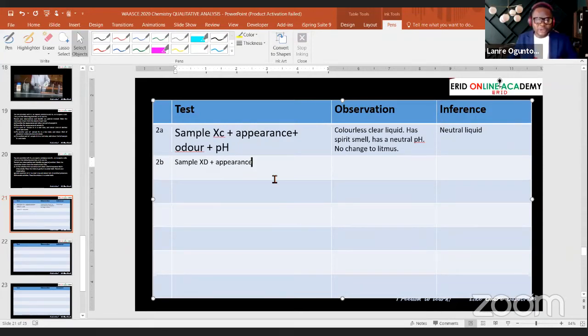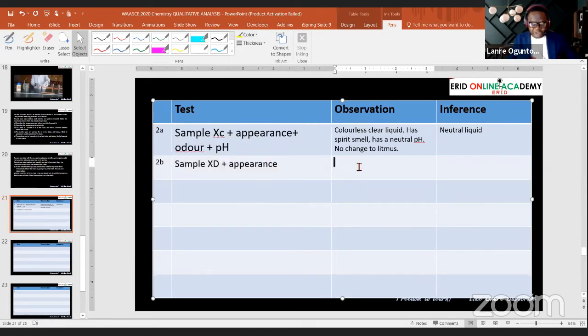So what am I going to write as my observation? From what Ida suggested, she said that it's a black crystal. So you may want to write your sentences properly.